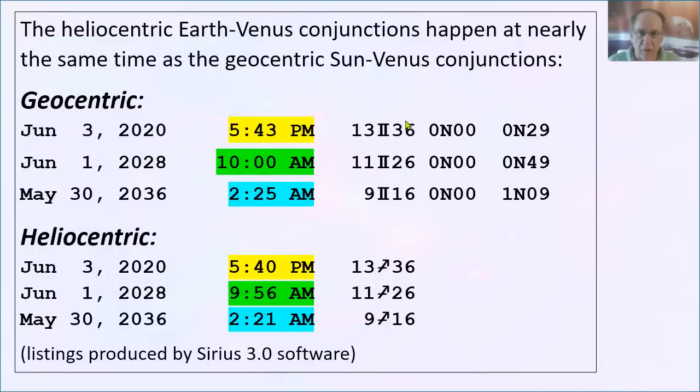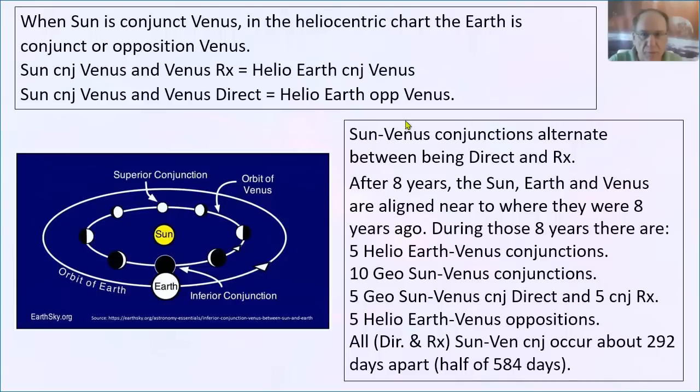Okay, so let me go on to, I want to show you this. Well, let me summarize this point again. Sun conjunct Venus and Venus retrograde, helio is an Earth conjunct Venus. So whenever there's a heliocentric Earth conjunction Venus, then Sun is conjunct Venus and Venus is retrograde. Whenever there's a heliocentric Earth opposition Venus, then Sun is conjunct Venus and Venus is direct.